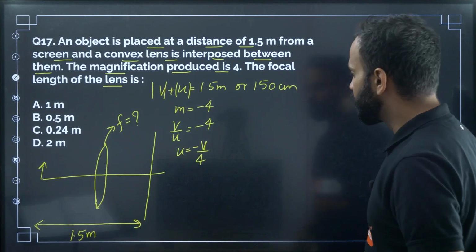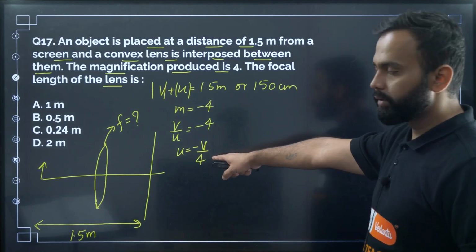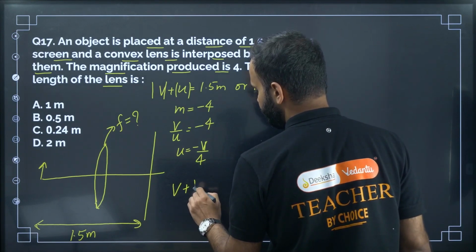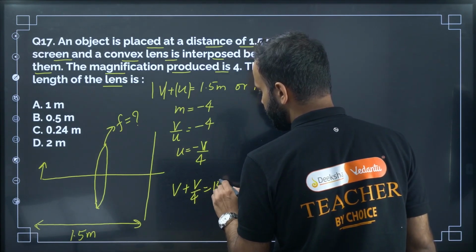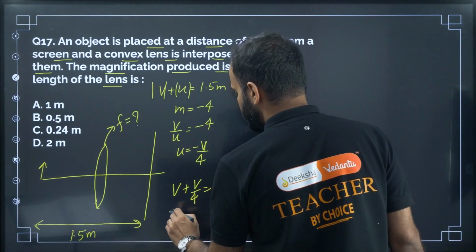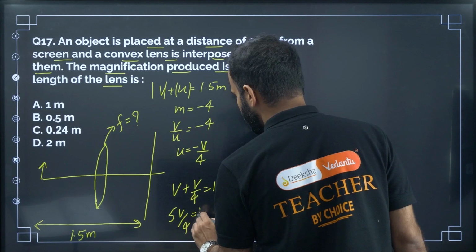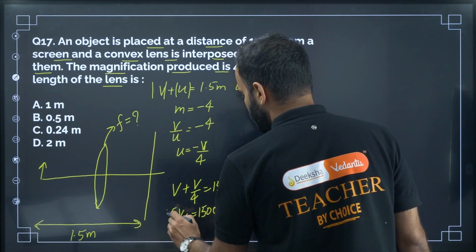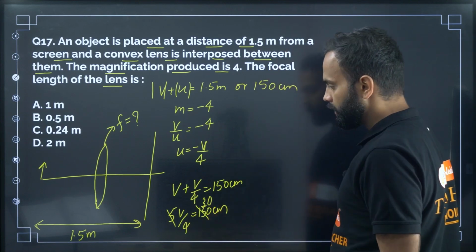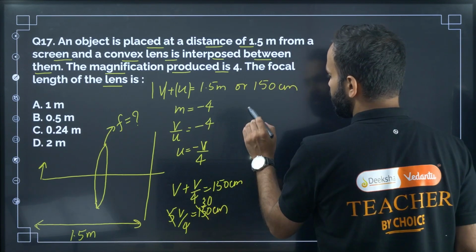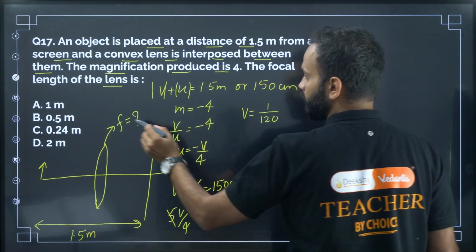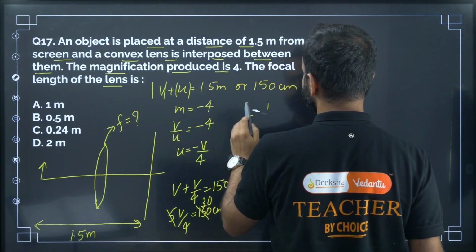In magnitude u is v by 4, so v plus v by 4 is equal to 150 centimeter. So 5v by 4 is equal to 150 centimeter. 5 3s are 15, and 3 into 4 is 12, so this is 120 centimeter. So v equal to 120 centimeter.